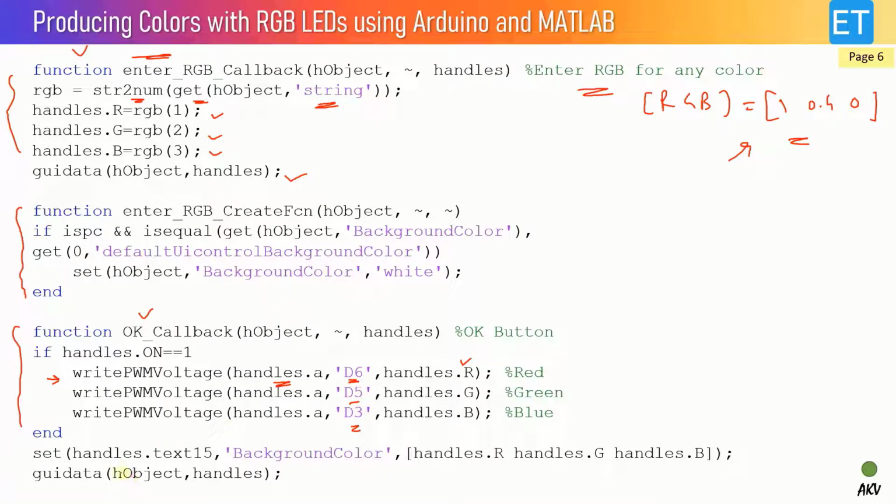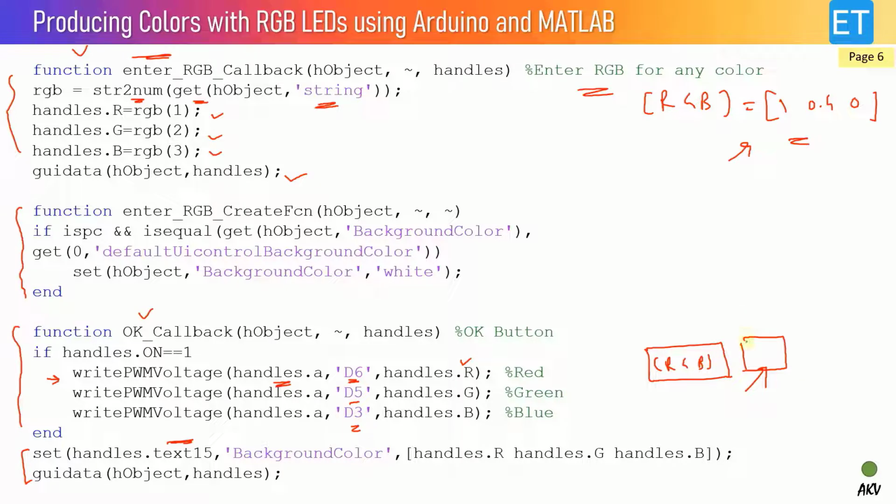Okay. And besides that editable text, if you remember that GUI, I have created one non-editable text field. That has the tag text 15 in my program. I am accessing this tag field, and with the entered RGB value, the LED is glowing with the same color.